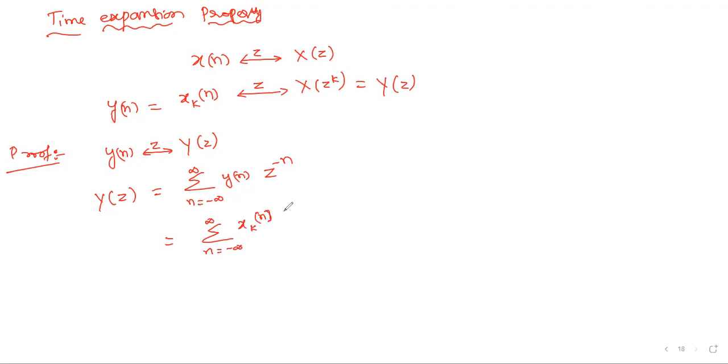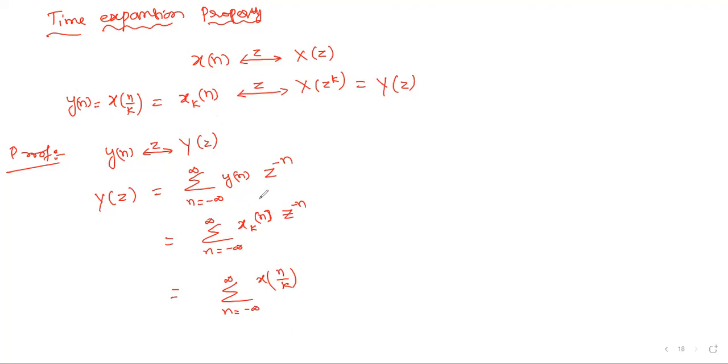What is this x_k(n)? x_k(n) is nothing but x(n/k). Just notation I am writing here: y(n) = x(n/k) = x_k(n).